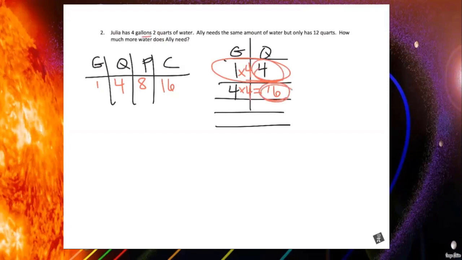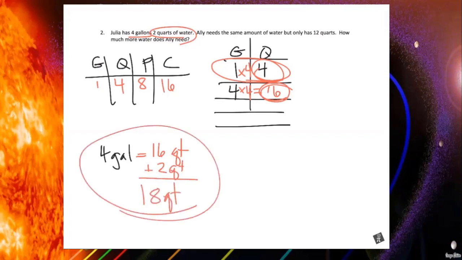So 4 gallons is equal to 16 quarts. And then Julia has 2 additional quarts plus 2 more quarts. So Julia has 18 quarts. So that is Julia right there.